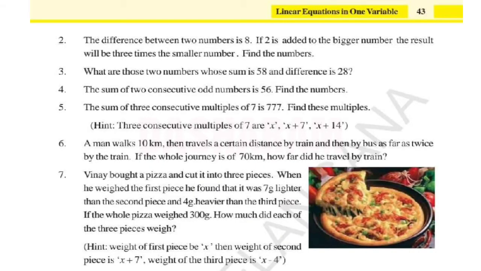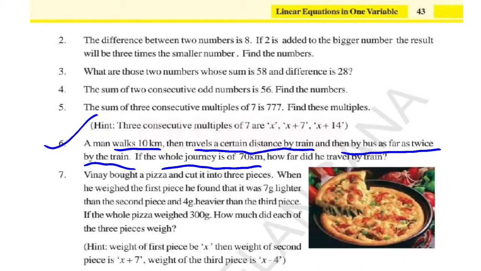Let's start our today's class. Here second, third, fourth, fifth are already completed. So sixth problem. A man walks 10 kilometers, travels a certain distance by train and then by bus as far as twice by the train. If the whole journey is 70 kilometers, how far did he travel by train?